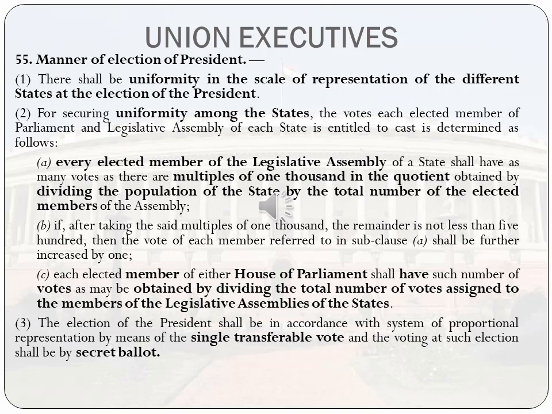It means if it is less than 500 or less than 0.5, then it will be disregarded. The election of the president shall be in accordance with the system of proportional representation by means of the single transferable vote, and voting at such elections shall be through secret ballot. These are the norms given for the election of the president, which are clearly specified in the Constitution of India.